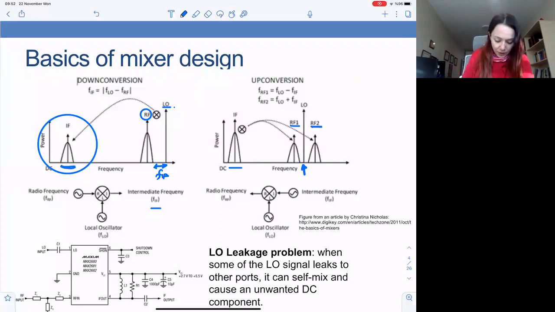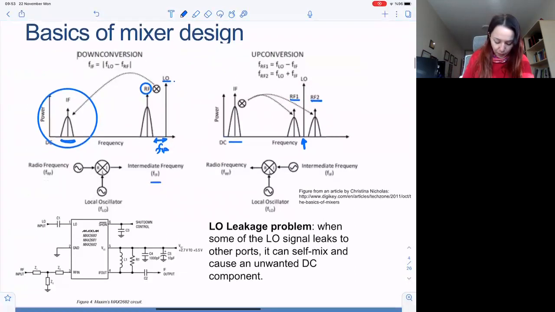Okay, so here is an example circuit operating at IF. The LO comes in here and the RF input comes in here. So this is a modern mixer circuit. And the IF output is provided.